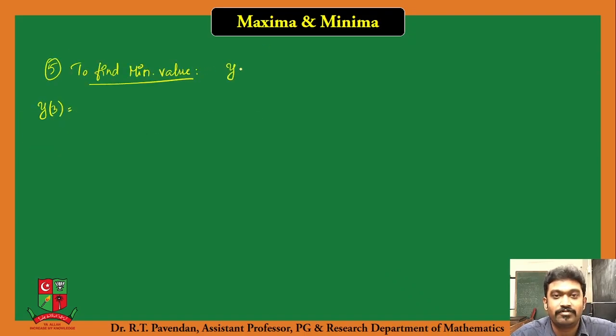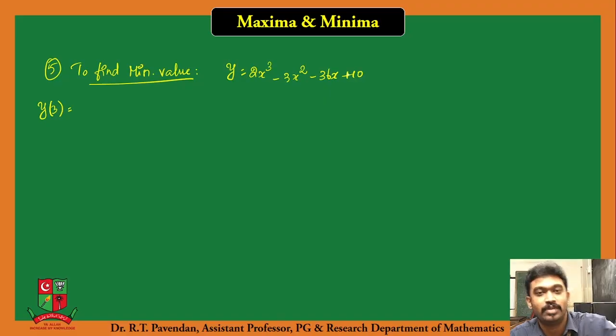So we know that the function y is equal to 2x cube minus 3x square minus 36x plus 10. So this we know. Now at the place of these x's, we have to substitute 3. We are just finding, this is y of x, we are going to find y of 3.